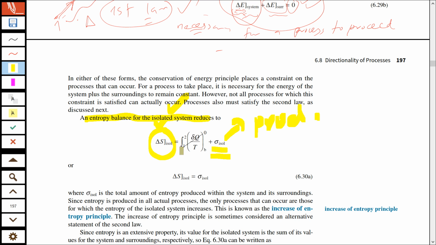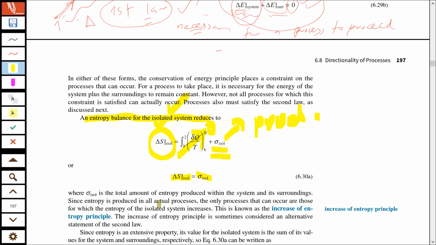Why? Because for any isolated system, the entropy transfer must be zero. There can be no transfer. No mass transfer, no heat transfer, so therefore no entropy transfer. So the entropy of an isolated system, which is the quantity on the left, must be equal to the entropy production of that isolated system.